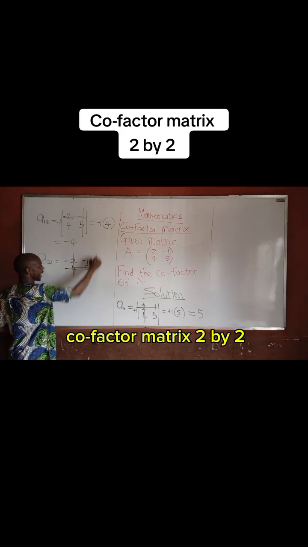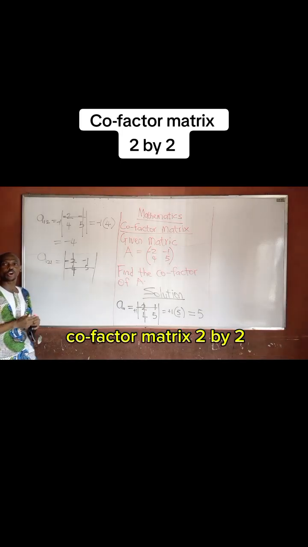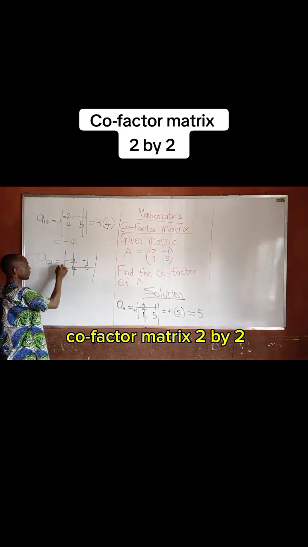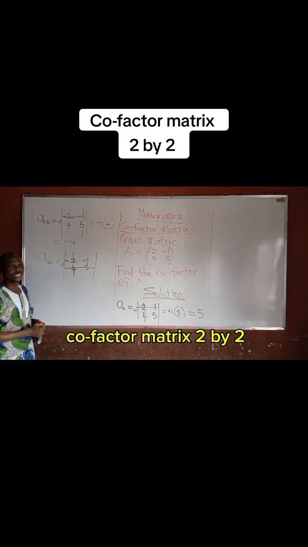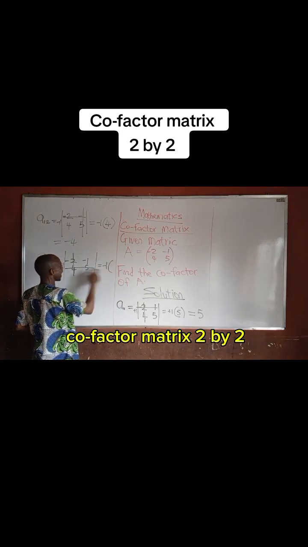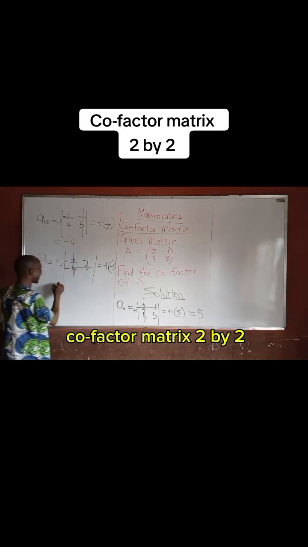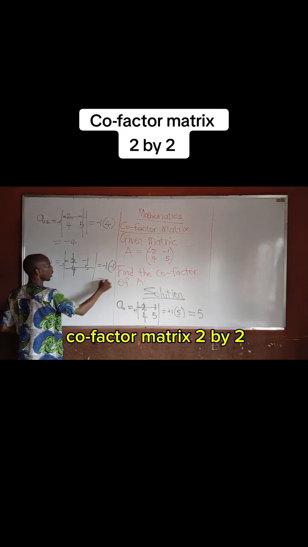And we are multiplying by what? 2 plus 1 is 3. 3 is an odd number. So we are multiplying by minus 1. So this will give us minus 1 times, what is left here? Minus 1. So our answer is equal to 1.